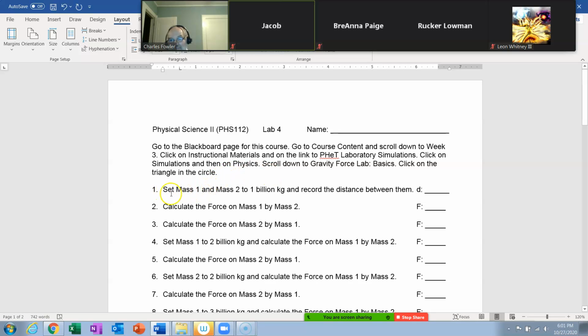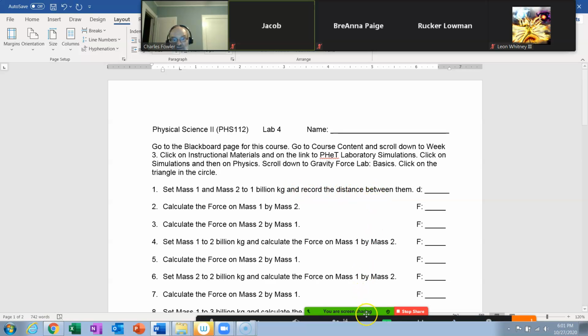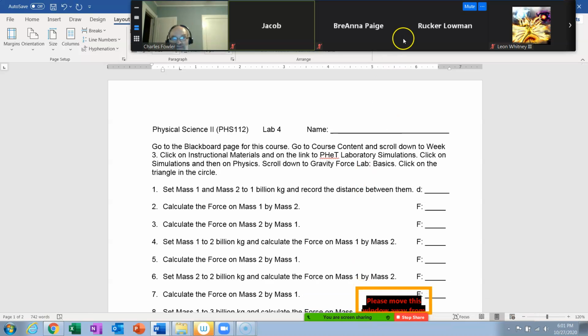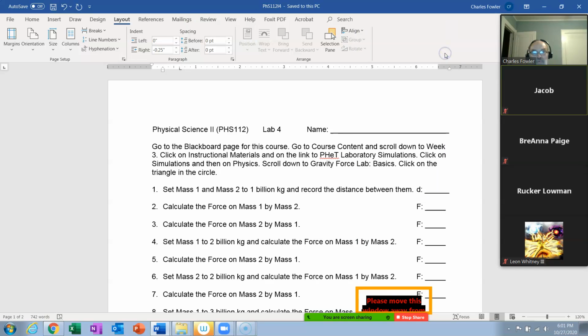So the first thing I said was set the mass 1 and mass 2 to 1 billion kilograms. And it says record the distance between them. So let's go back to our simulation. Now I've got to move y'all again. This is awkward, but doable.